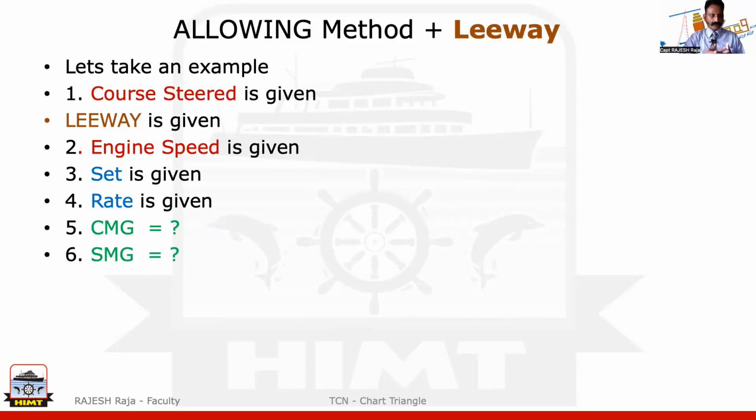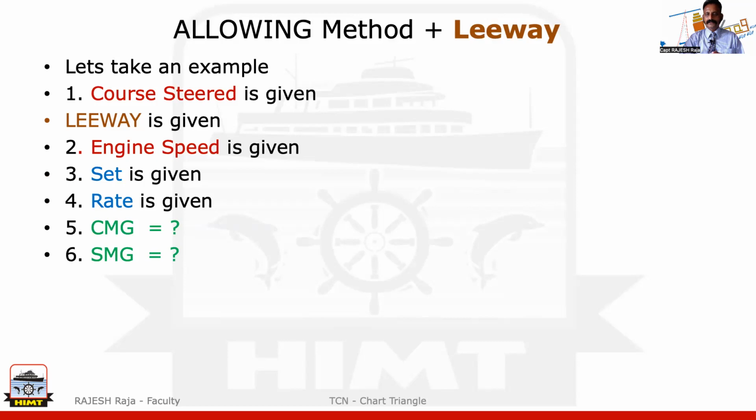One peculiarity you should realize is that I've not given a new number for leeway. I've just mentioned it in between 1 and 2. I'm still holding my chart work triangle with the same 6 components which I've been talking about earlier also. So I'm still holding on 6 components. So your leeway is incorporated into the course steered. Why?